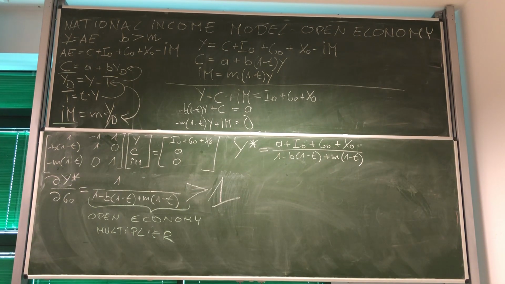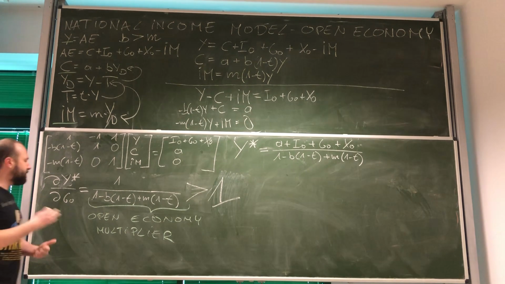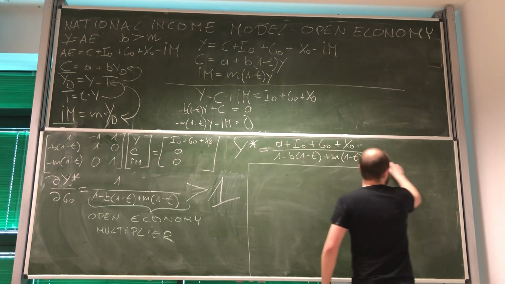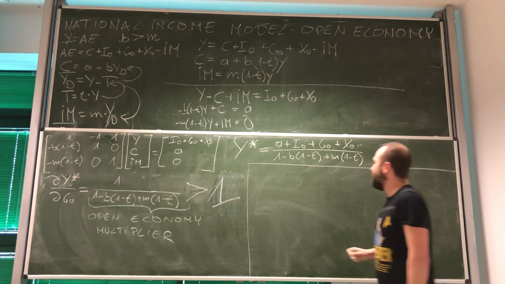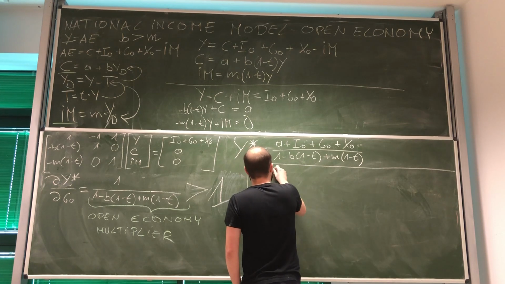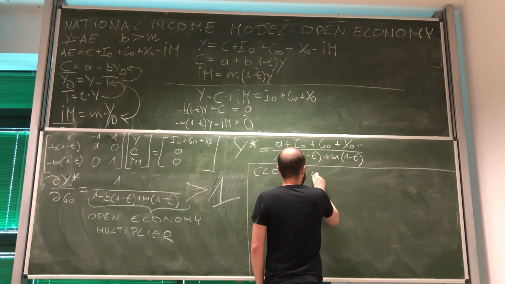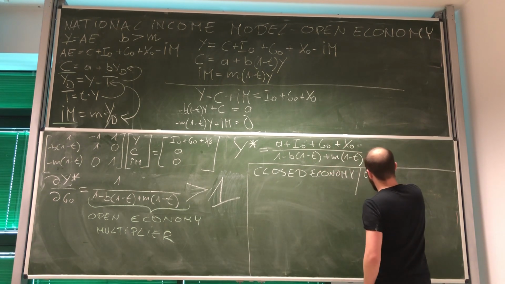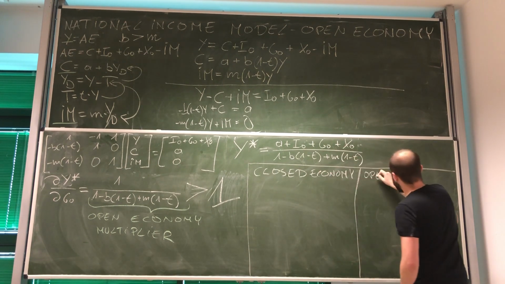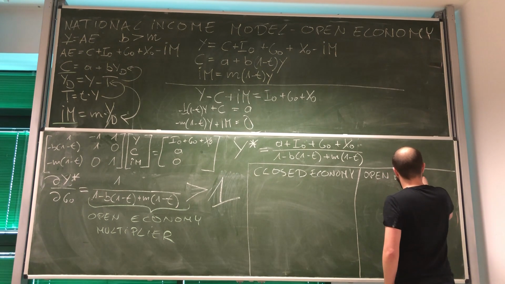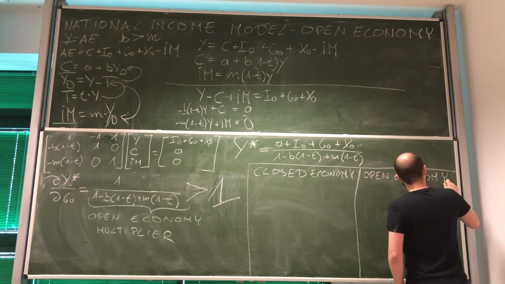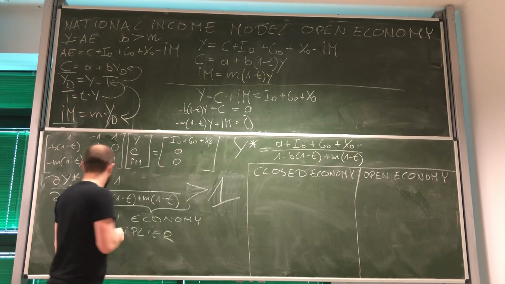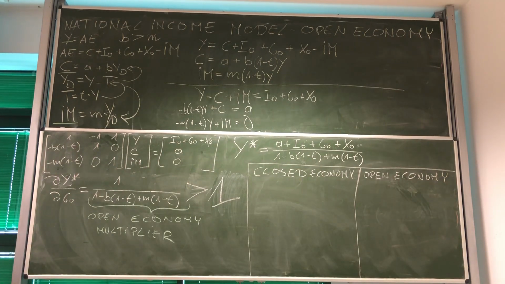Let's consider two cases. Let's compare those. We've got an open economy. No, let's start with closed economy. And here we've got open economy. Now, what is the value of multiplier in open economy?